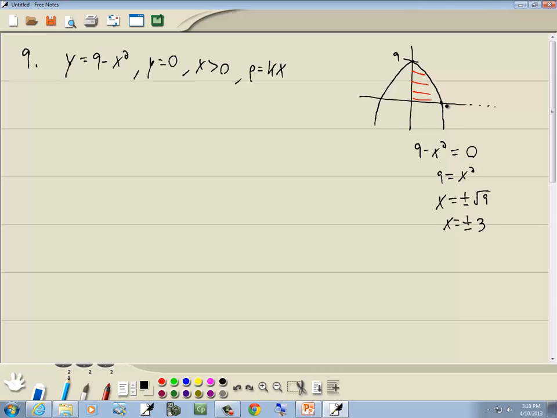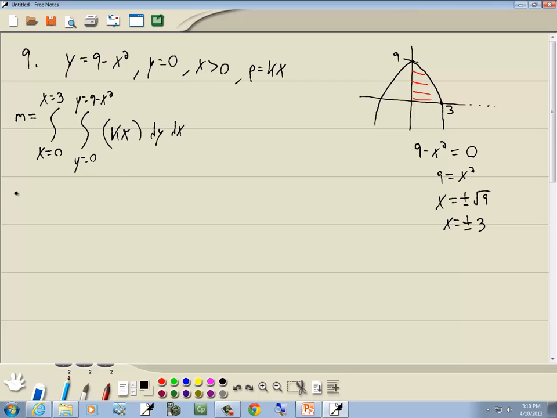So it's obviously 3. So our region of integration for m is x equal to 0 to x equal to 3, y equal to 0 to y equal to 9 minus x squared, times rho, which is our kx, dy dx.